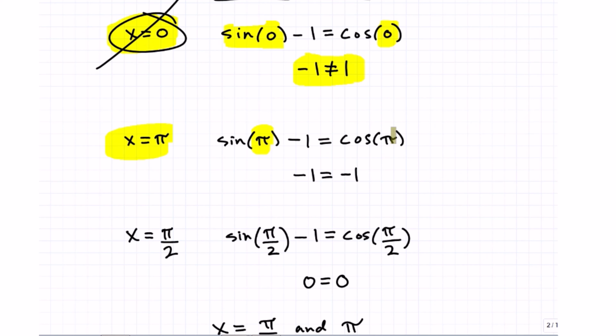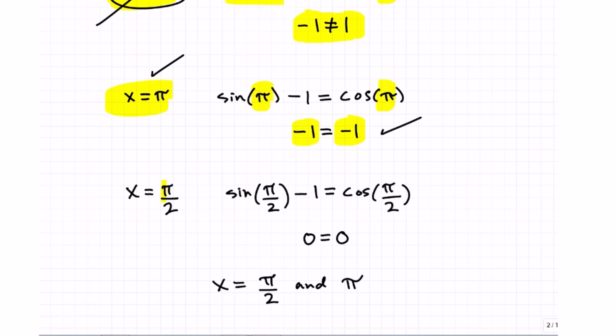Now let's check x equal to pi. We'll plug those in where x is for sine and cosine, and when we simplify this, we get -1 is equal to -1, and we like that because that's a true statement. So we'll keep this as a solution. Then we'll check x equals pi over 2. Plug that in for x into our equation, and we get 0 equals 0.